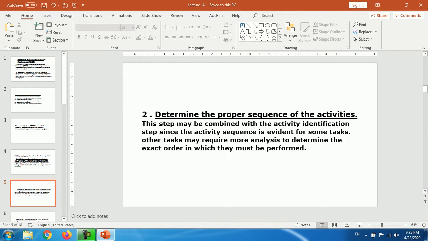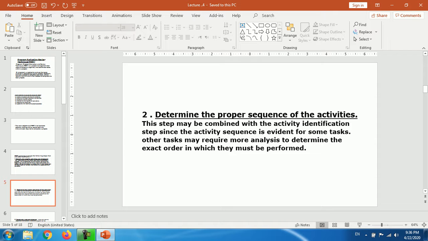Next, number 2. Determine the proper sequence of the activities. This step may be combined with the activity identification step, since the activity sequence is evident for some tasks.